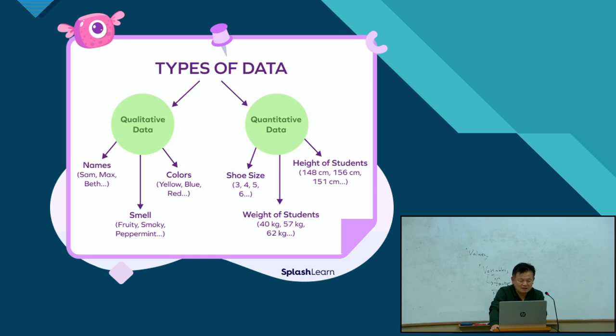And smell. What kind of smell? Fruity, smoky, peppermint, salty, vinegar. Smell is also qualitative data. Also, another example is colors. Yellow, blue, black, white. It's qualitative data.